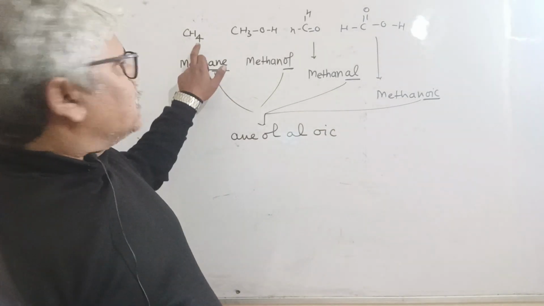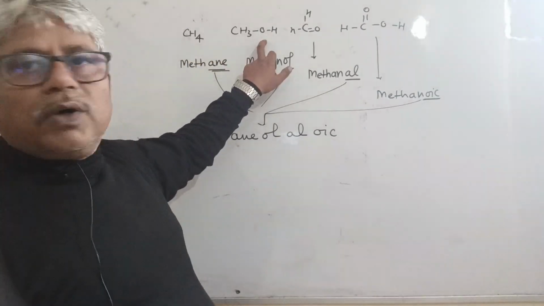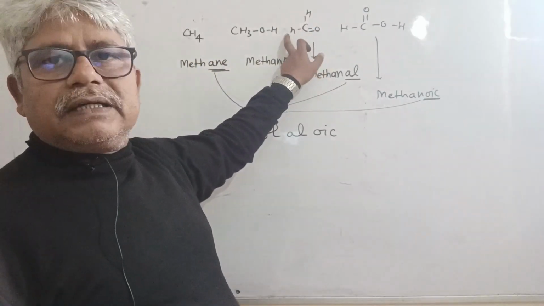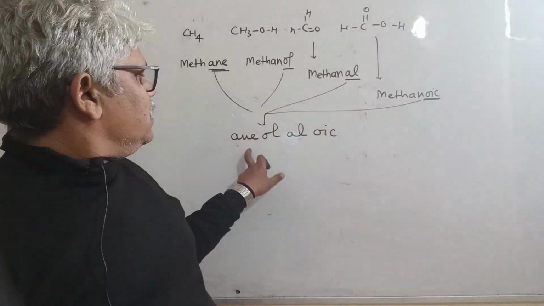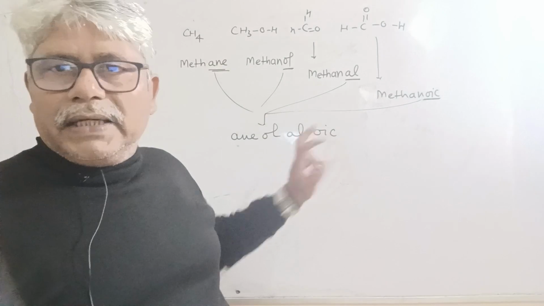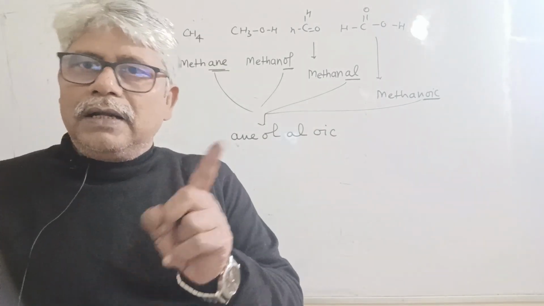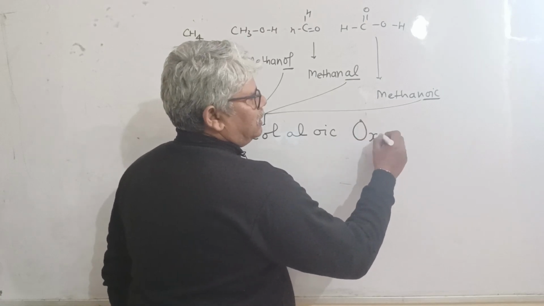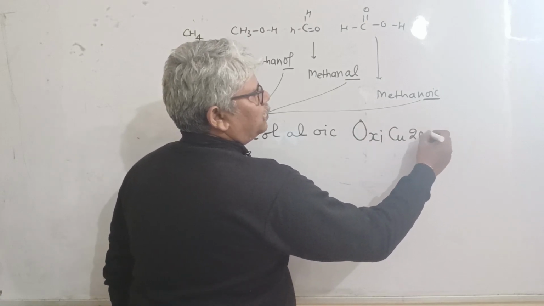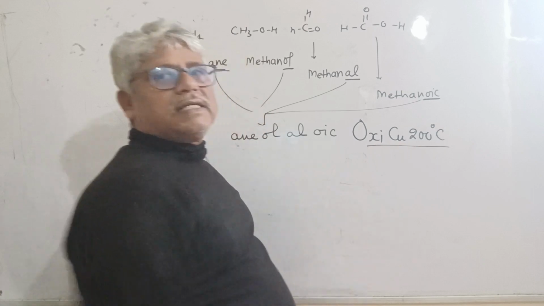Carbon is one. Remember, one carbon alkane, alcohol with one carbon, aldehyde with one carbon, and carboxylic acid with one carbon. So, ane, ol, al, oic. Remember, oxygen, copper, 200. Interesting.